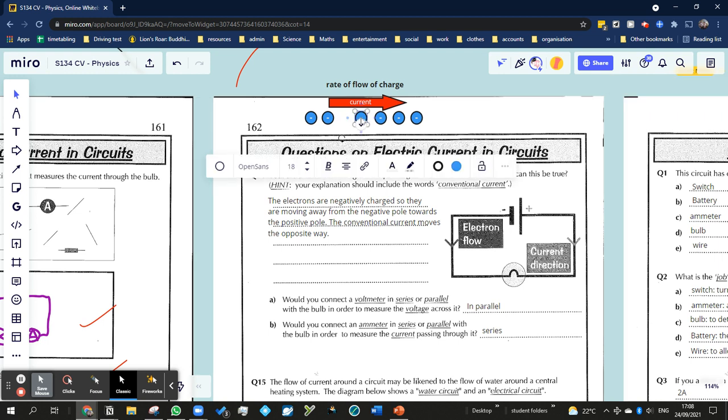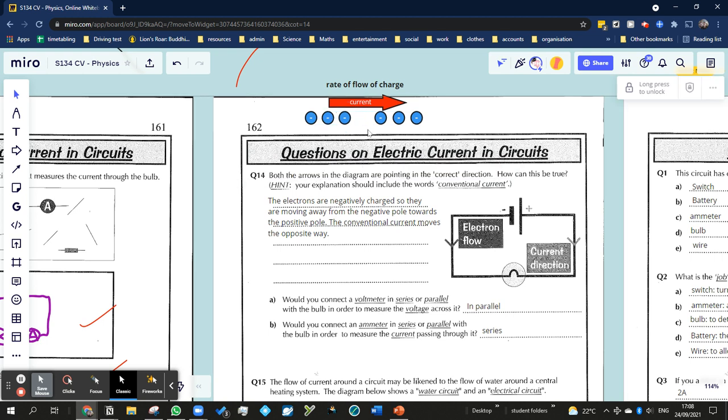So in a way, as we move the electron to the left, the positive charge is moving to the right, or the right hand side is becoming more positive. So we say that the current is moving to the right.